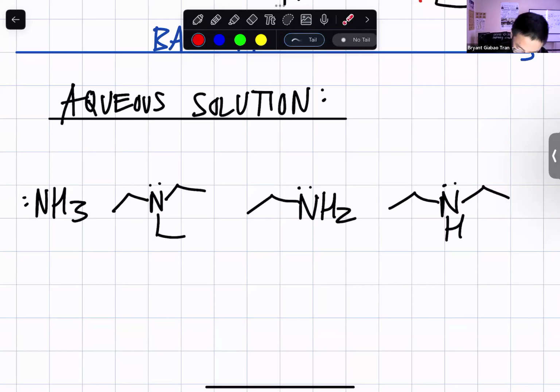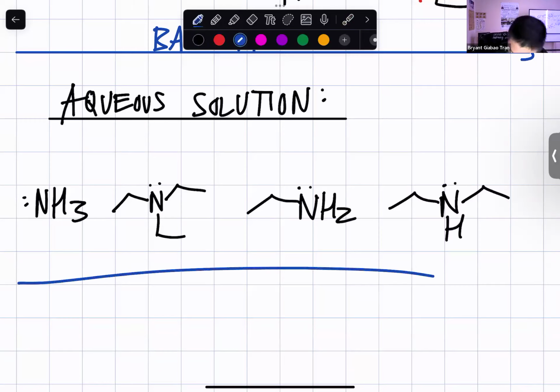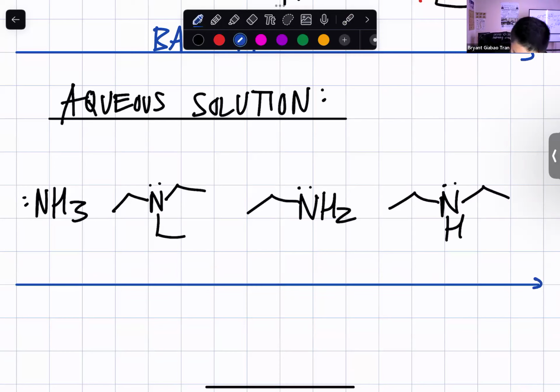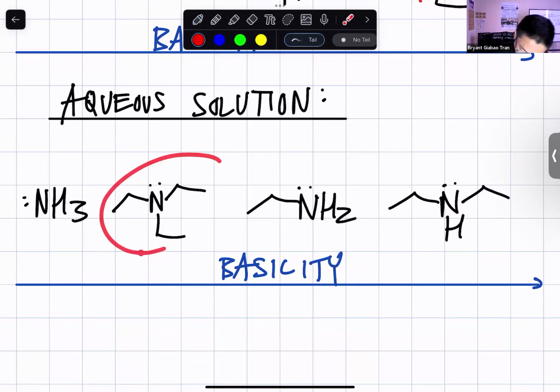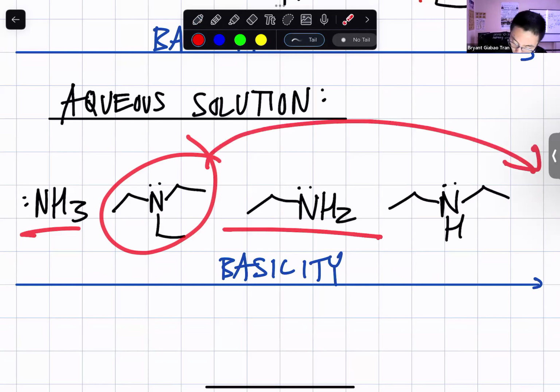Going from left to right here in aqueous solution is increasing in basicity. Now we see that the tertiary amine is in between the ammonia and primary amine, which is weird, because we expect it to be after the secondary amine, since it has the most R groups, the most EDGs attached to it.